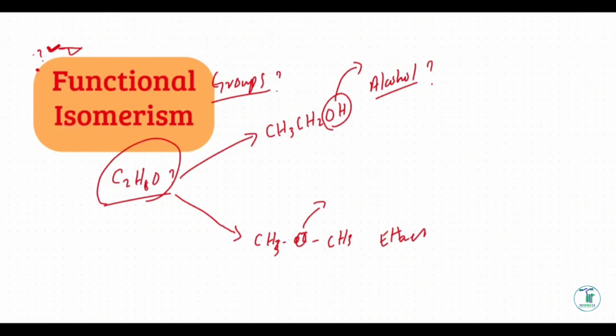In this case there are also two carbon, six hydrogen, and one oxygen, but here it is making ether. So that's why in functional isomerism, because of change in functional group, like here there was OH that makes alcohol, and here that was O that makes ether, one compound can make two different structural compounds. So this is called functional isomerism.